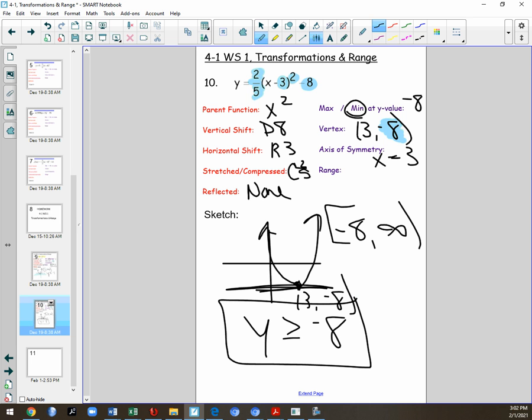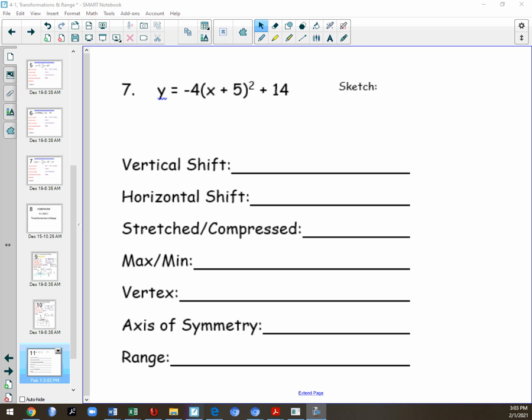Give me 1 second. Okay, I want to do number 7 with you as well. What's happening to this function is it's negative, which means I have a reflection, so instead of a minimum, I am now going to have a maximum.